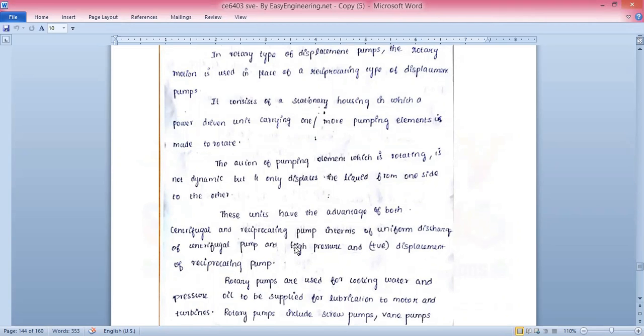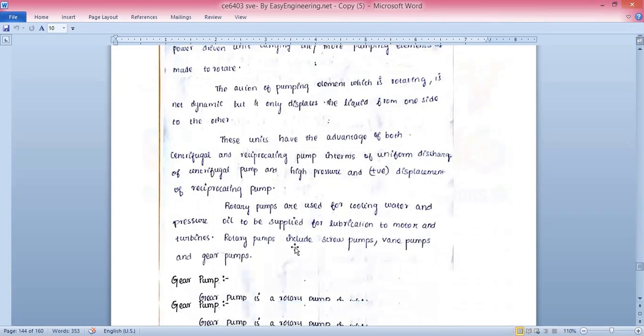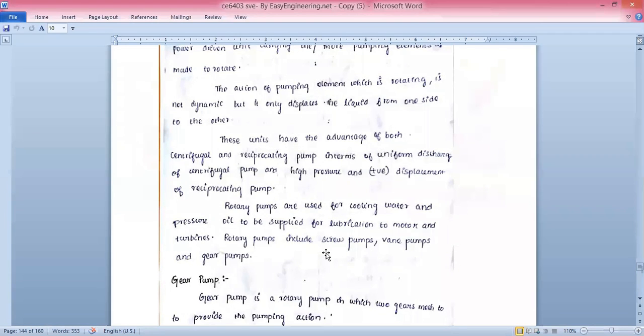So it is having various advantages. Let's see that rotary pumps are used for cooling water and pressure oil supplied for lubrication to motors and turbines.